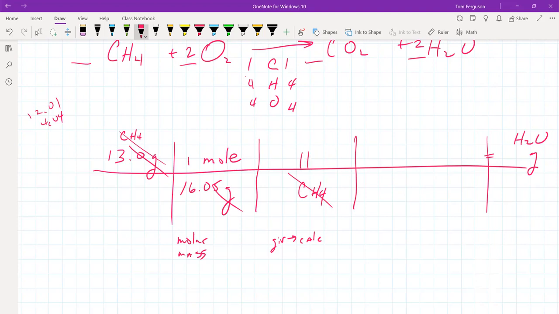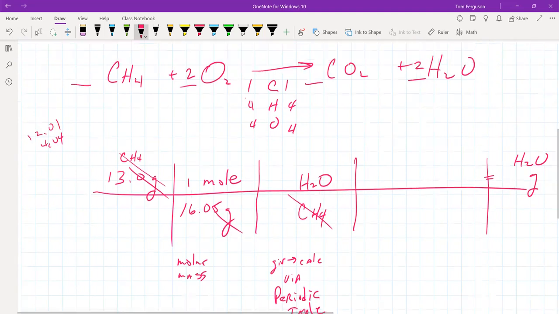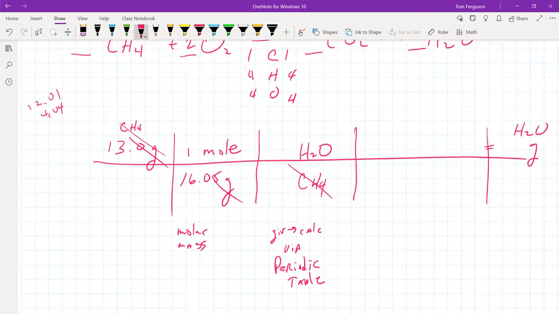The molar mass is via the periodic table. And your balanced equation, this is why we balance the equation for this middle step here.